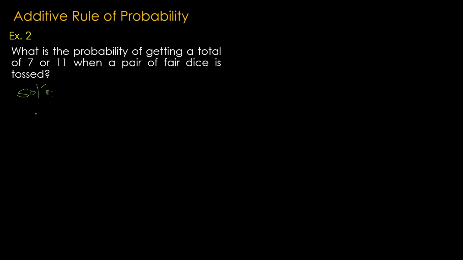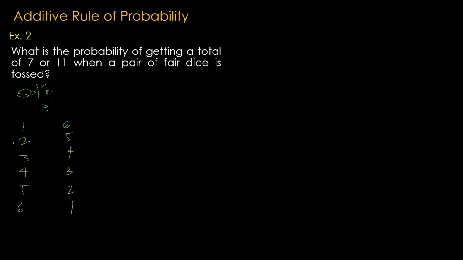So for the first die, we can have 1, and the second, we can have 6. This is for the 7. Then we can have 2 and 5, 3 and 4, 4 and 3, 5 and 2, and 6 and 1.